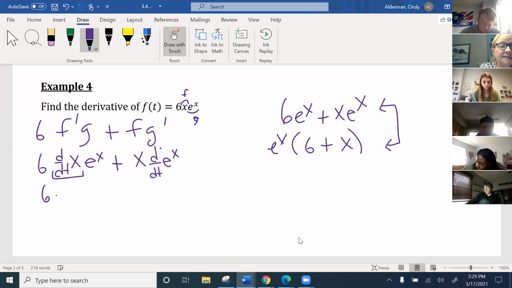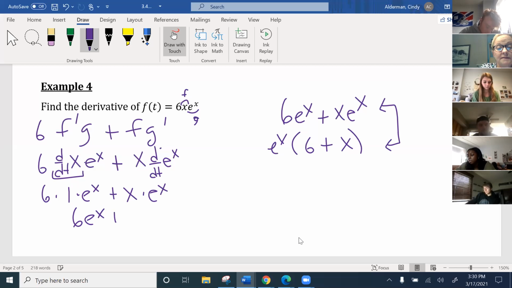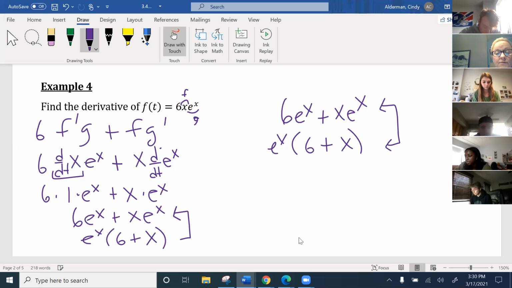So we've got 6 times 1 times e to the x plus x times the derivative of e to the x, which is just e to the x. So you have 6 e to the x plus x e to the x, which can be factored further. But either one of these is okay.